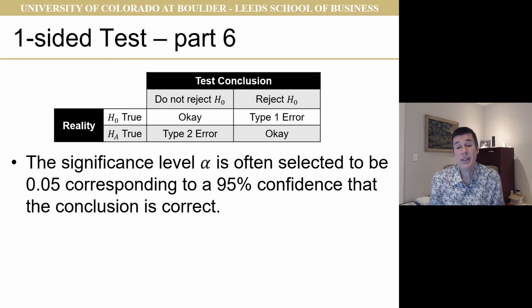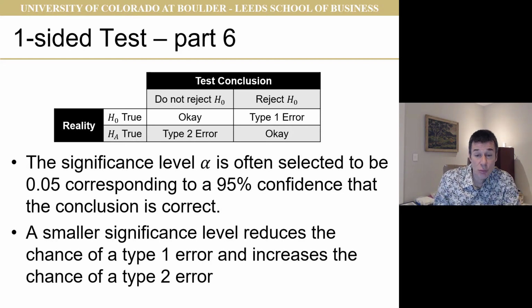So the significance level alpha is often selected to be 0.05, corresponding to a 95% confidence that the conclusion is correct. A smaller significance level, say 0.01, reduces the chance of a type 1 error and increases the chance of a type 2 error. Our table here shows it.